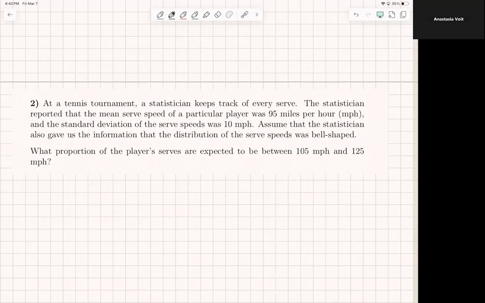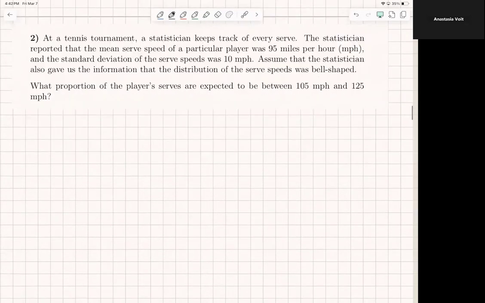Assume that the statistician also gave us the information that the distribution of the serve speed was bell-shaped. So we have the normal distribution, right? What proportion of the player's serves are expected to be between 105 and 125 miles per hour?